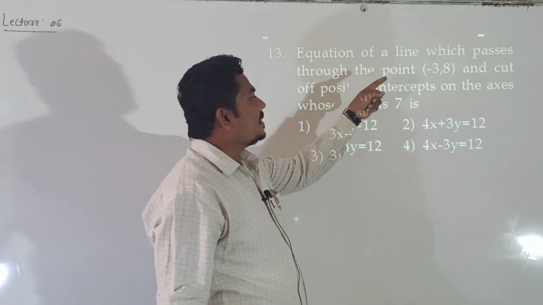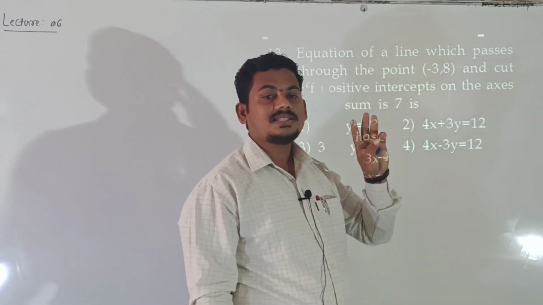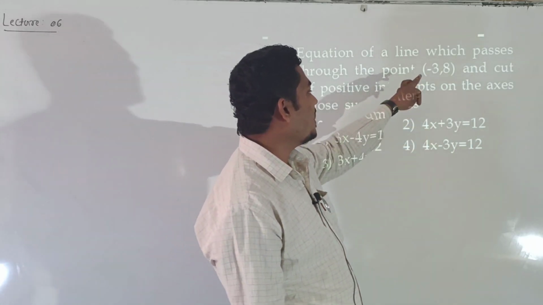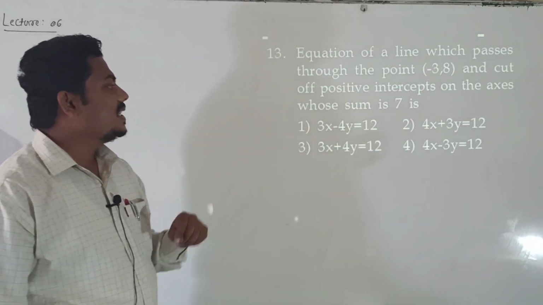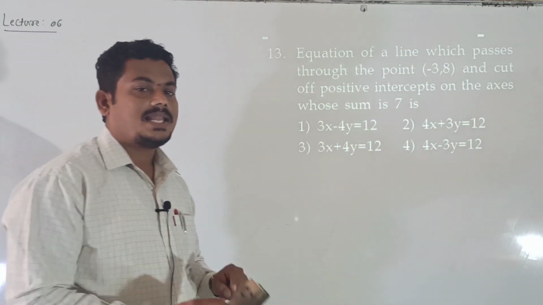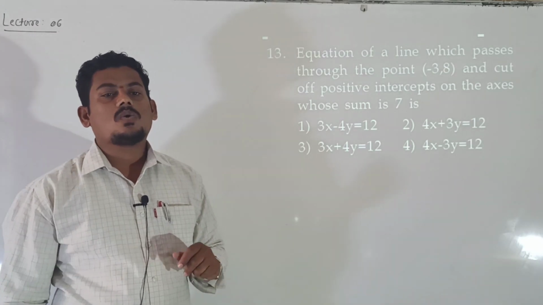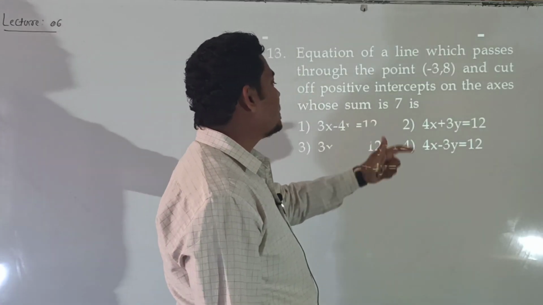Equation of a line which passes through the point minus 3 comma 8 means our required line passes through the point minus 3 comma 8 and cuts off positive intercepts on the axis, means our line intersects the positive coordinate axes, whose sum is 7.